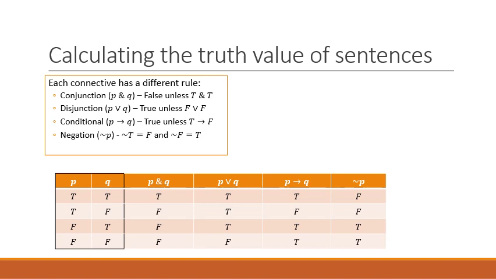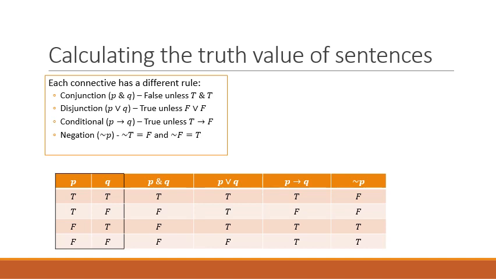And what I've done here, and what we're going to see more of as we go along, is I've filled out the value of these sentences in each of the four possible combinations. So I have a sentence that refers to each connective here. So we have P and Q, P or Q, P arrow Q, and not P.